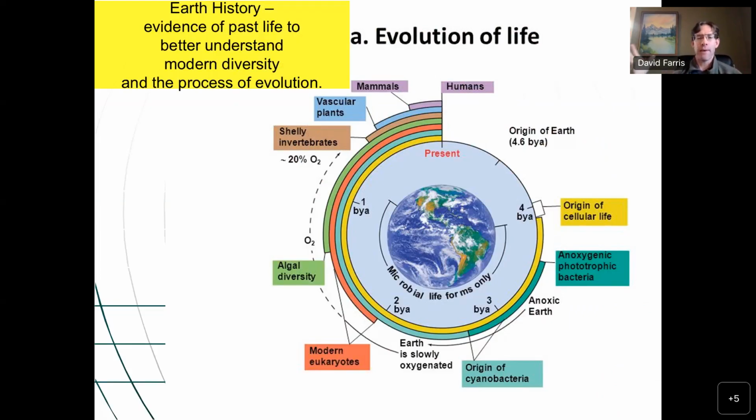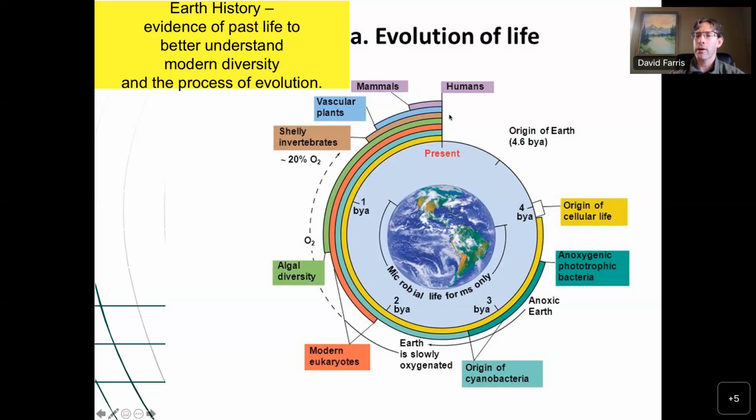Understanding the past history of our planet: the Earth began about 4.5 billion years ago. The first evidence of life occurred around 4 billion years ago. But throughout most of Earth history, life is single-celled organisms. It's not until about 540 million years ago, maybe about 600 million years ago, that we tend to get large multicellular life.